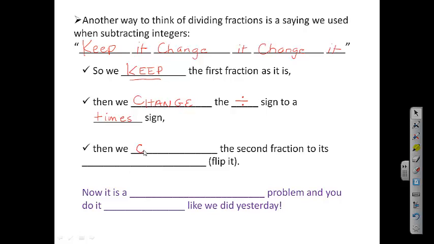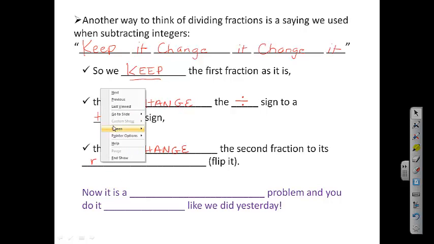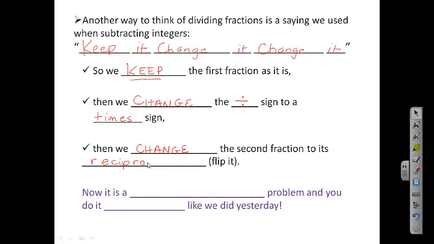And then we change the second fraction to its, what's that word that starts with an R? Reciprocal. That's when you flip it.